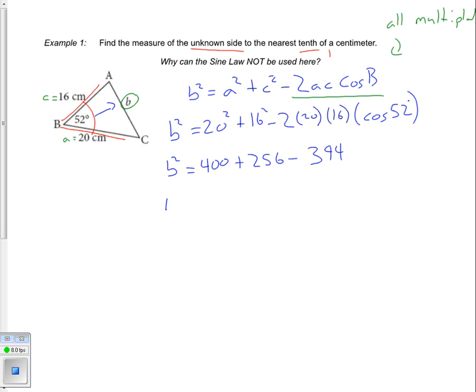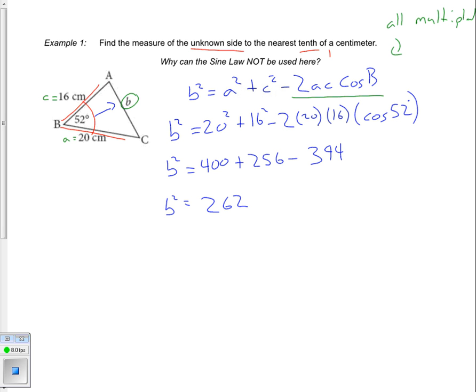Okay, so let's add together what we can. So we've got b squared is equal to 400 plus 256, which equals 656, and then we're going to subtract the 394. So that's going to give us b squared is equal to 262. Now we need to get b all by itself, and obviously b is not all on its own. We've got b squared.